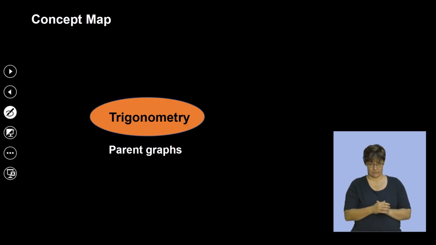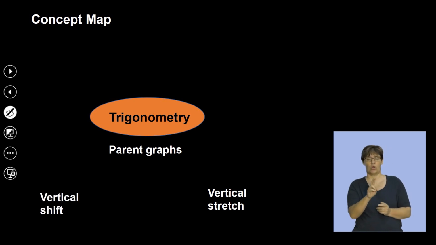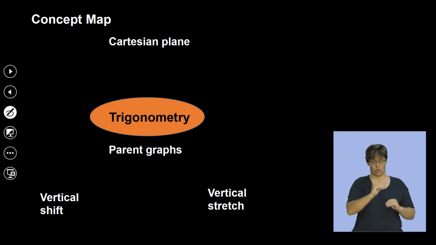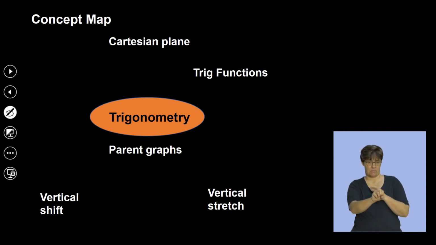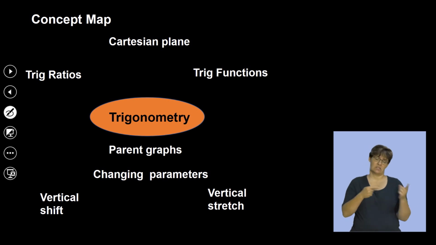So just a quick recap of what we've looked at, guys. We've looked at some parent graphs, a vertical stretch and a vertical shift. We looked at the concept of a Cartesian plane, which was the main thing that we're trying to put across. With this, we looked at the functions and the ratios.